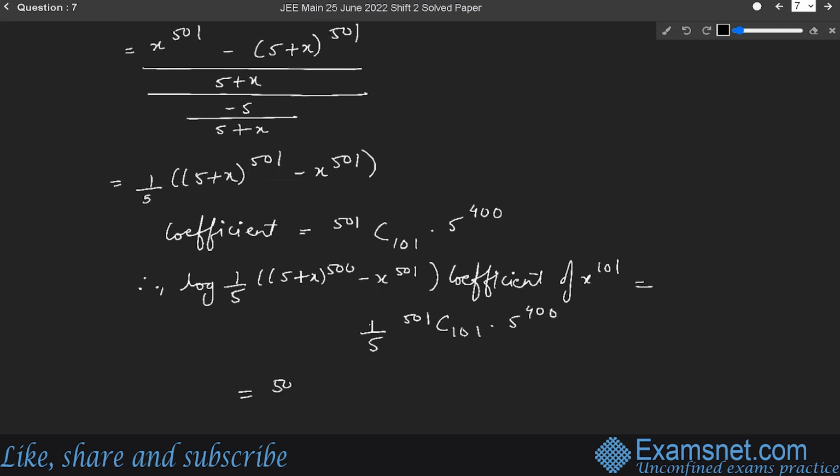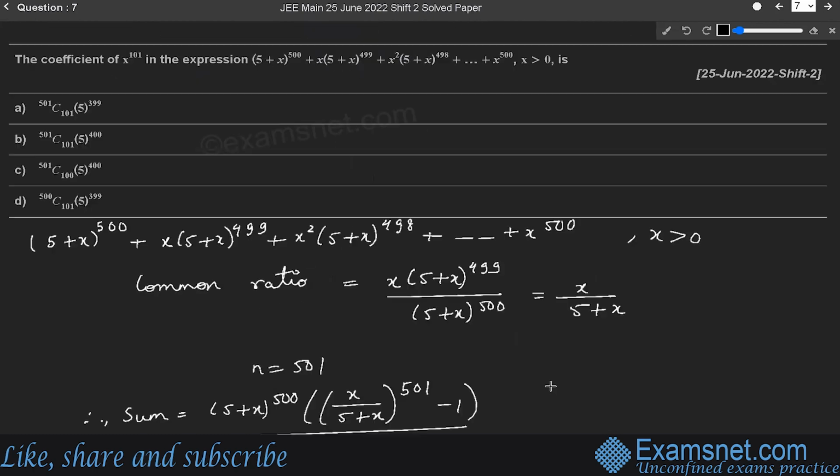So this will be equal to 501 C 101 into 5 power 399 because one 5 is cancelled here. Therefore, we can say that the correct option for this question is option number A.